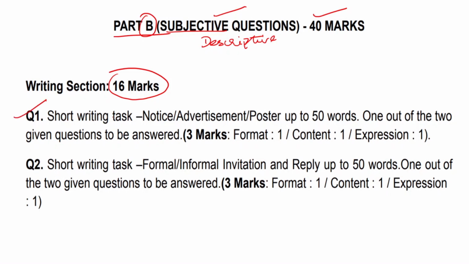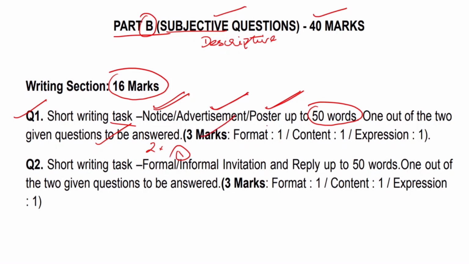First question, short writing task like a notice, advertisement, poster, up to 50 words. All these three items, notice, advertisement or poster, up to 50 words. One out of two given questions to be answered. Two questions will be asked and you have to write any one.